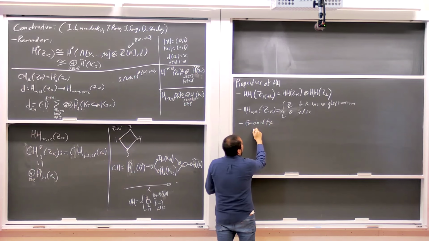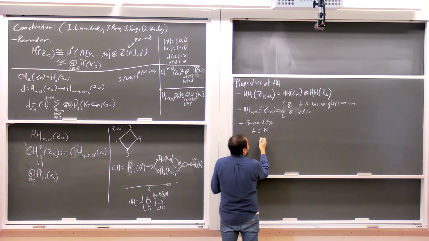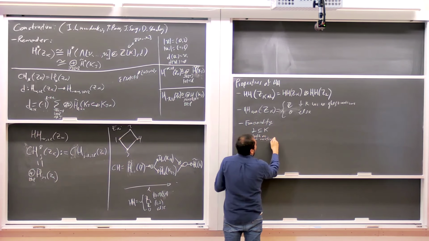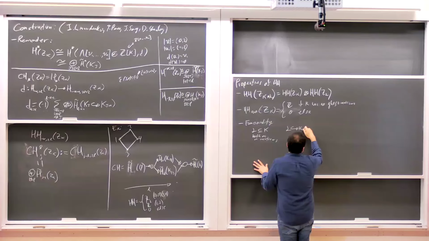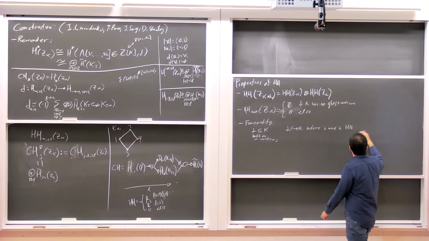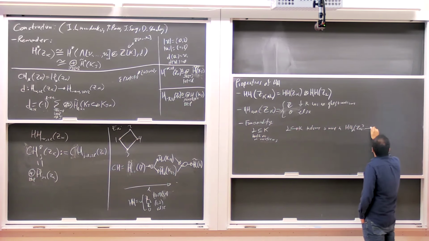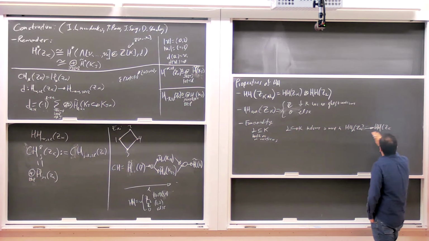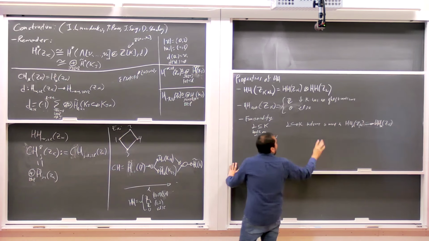It's not functoriality in the usual sense, it's just that when you have an inclusion of 2 simplicial complexes, both on M vertices, then the inclusion induces a map in HH that goes from set K to set L. And there's a map in the other direction.